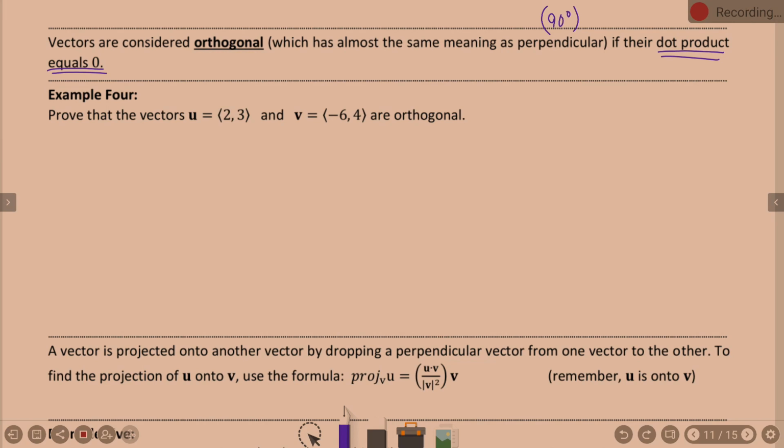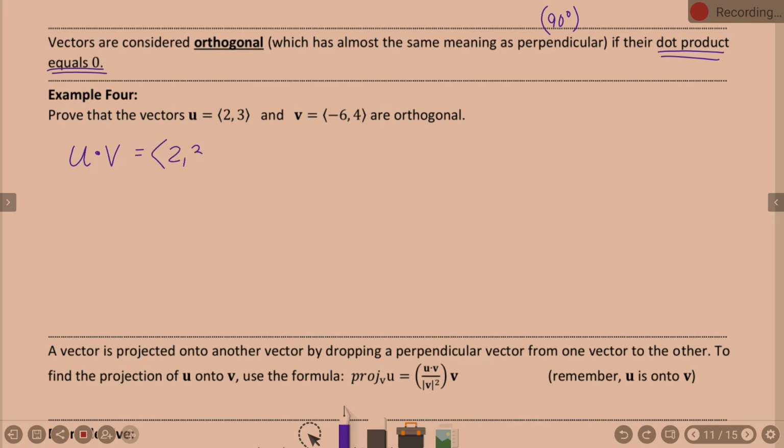So, example 4. How are we going to prove that vector u and vector v are orthogonal? Multiply them and see if they're equal to 0 when you do their dot product. Okay, so we are going to multiply u times v, which means we're doing their dot product, right?